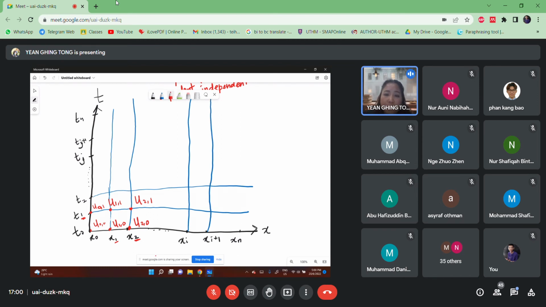At this value, this is ui, and this is 1, right? And this is ui plus 1, 1.